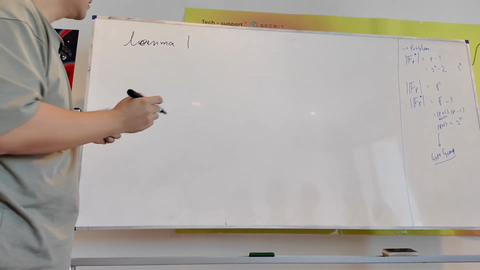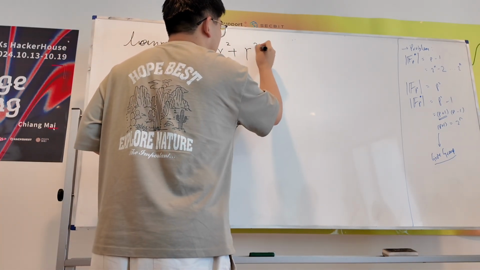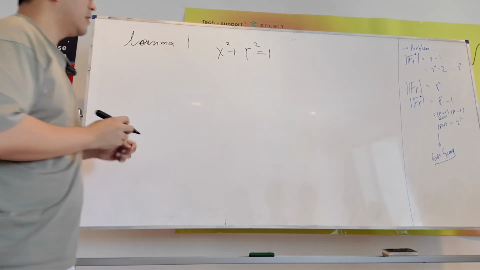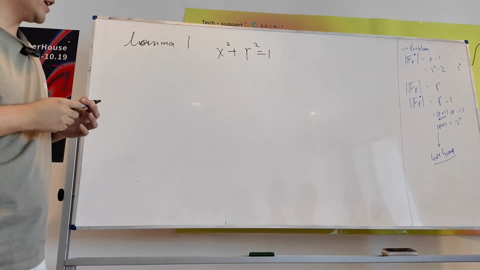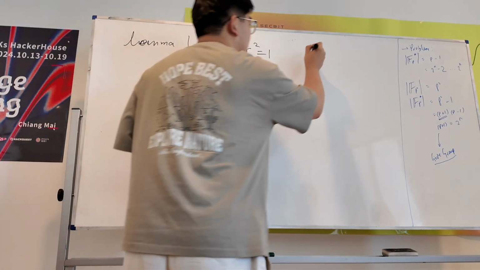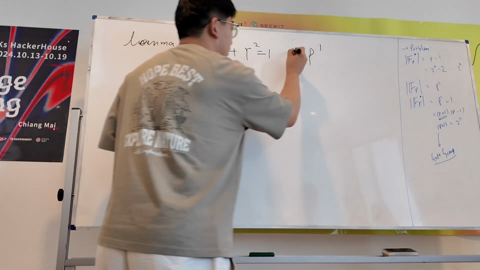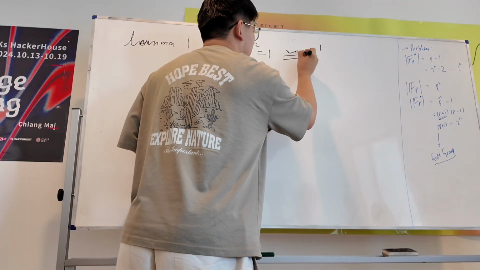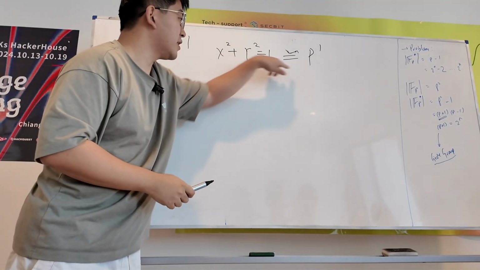It says, if I have a curve like this one, I have an isomorphism between this curve and a projective space P1. The paper gives the map between these two things.